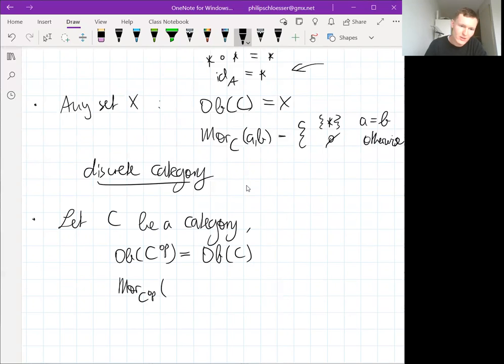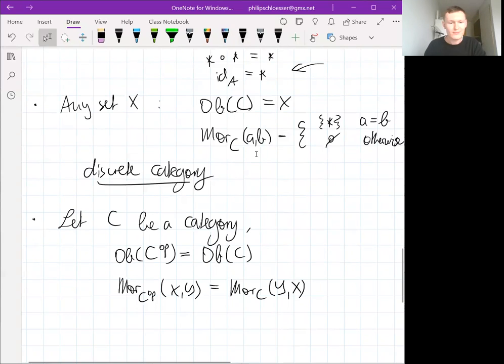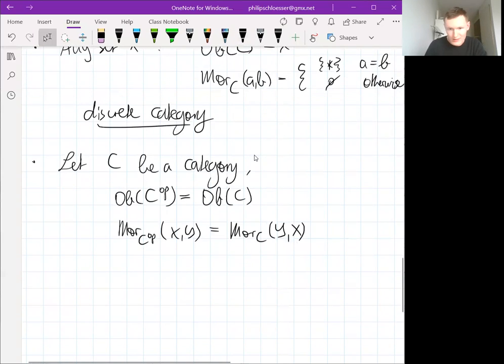So the morphisms of C-op between two objects X and Y are the morphisms in C between Y and X. And composition of two morphisms F and G is the same as the reverse composition in C.